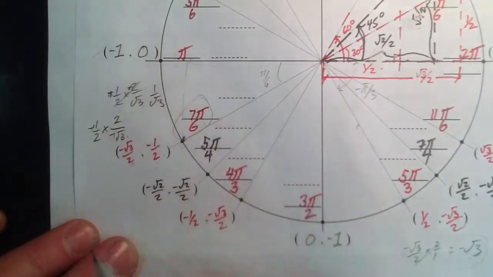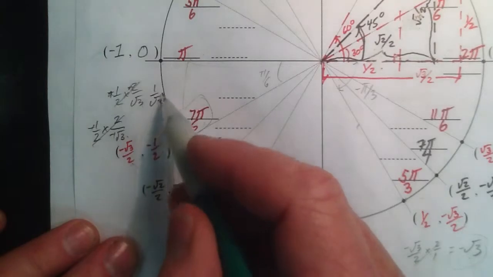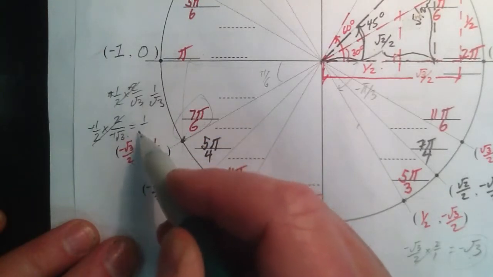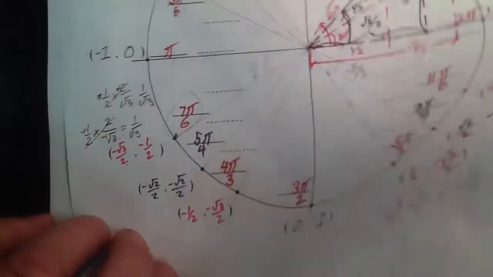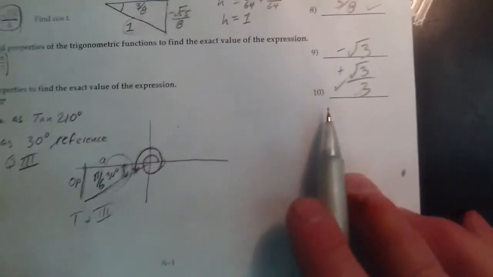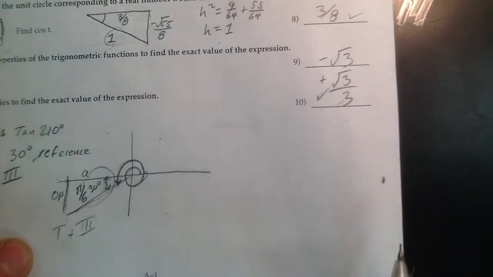Negative times negative is going to make my product positive. These will cancel. I'll get 1 over root 3. I need to rationalize the denominator. The final answer is this, positive. Okay, we'll work the last two problems on part 4, the next video.